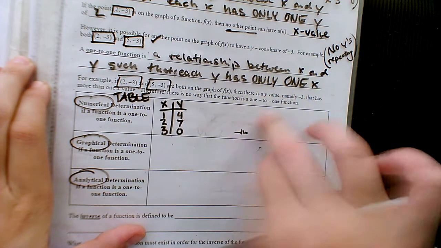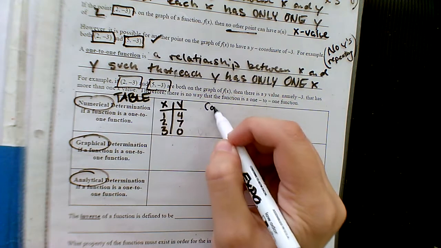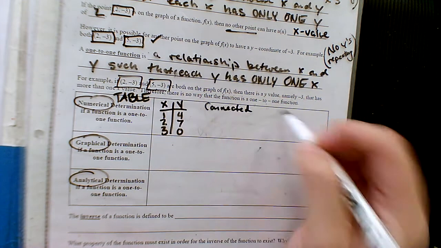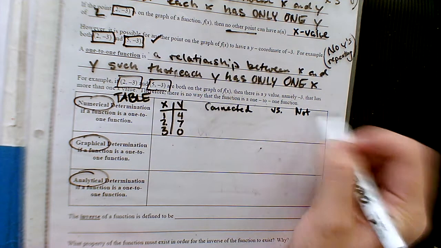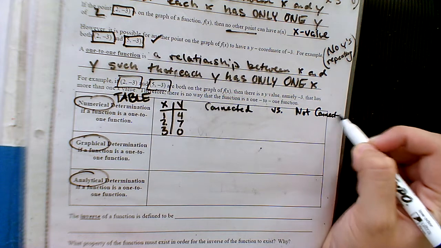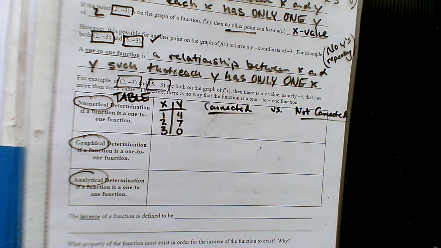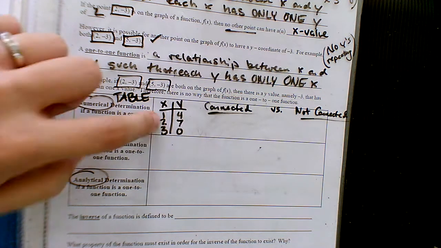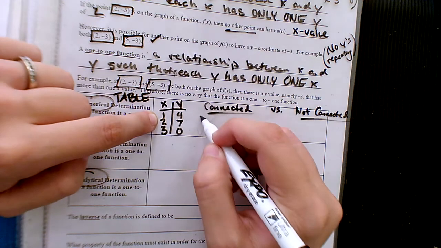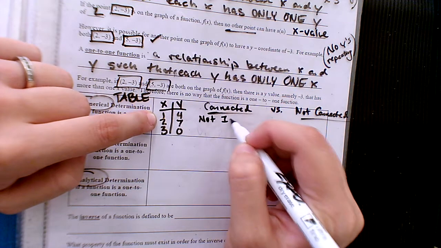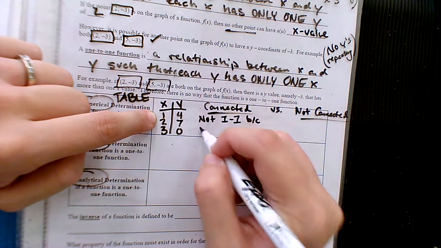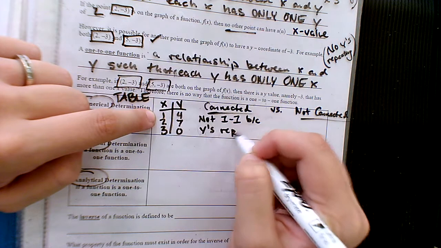Let's write this down. So it depends whether we're connected or not. Let's do connected versus not connected. So for this particular example, if the dots were connected, we would say it's not one-to-one because the y's repeat.